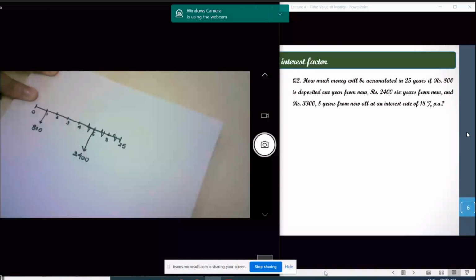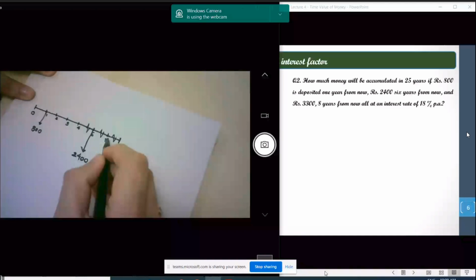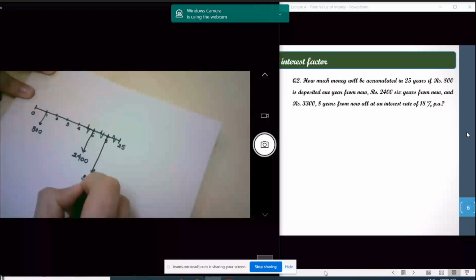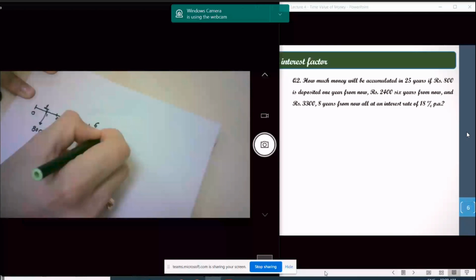Then I have 3,300 8 years from now. So here I have one more value, 3,300. This is the first year, this is the 6th year, and this will be the 8th year.